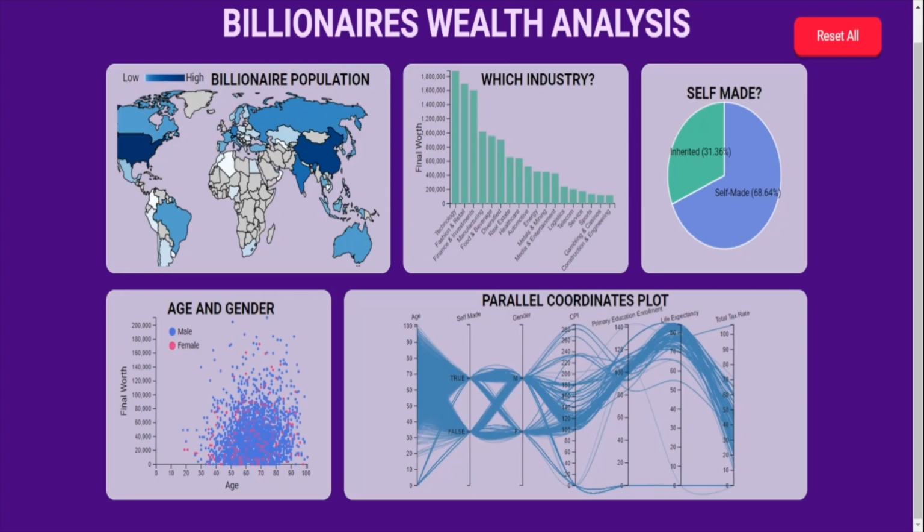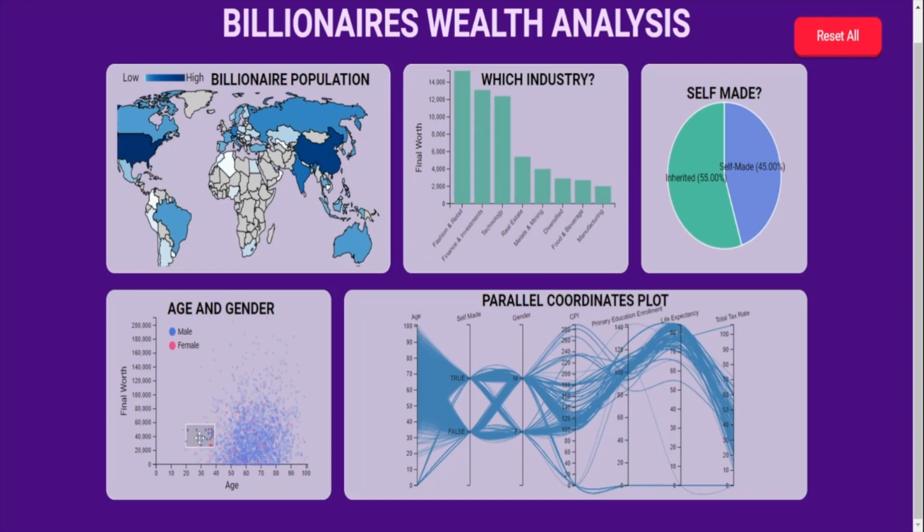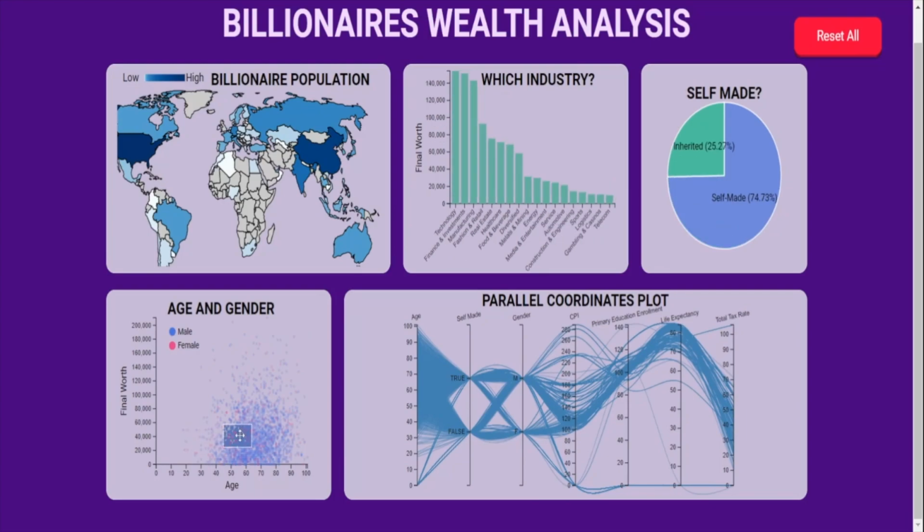If we choose a brush, for instance, for the young population between 20 and 40, we can see that there are a lot of billionaires with inherited wealth, more than 55%, which is 10% more than the amount of self-made billionaires. And as we increase the age, we can see that the percentage of self-made billionaires increases.